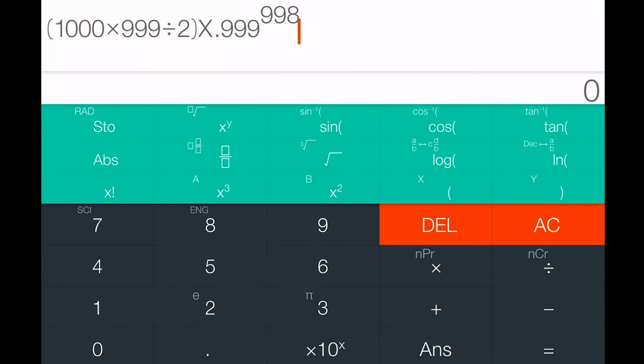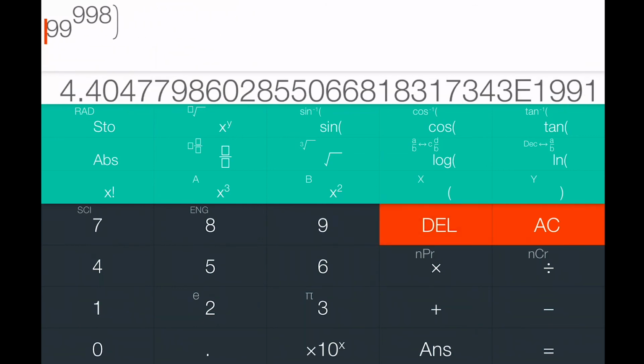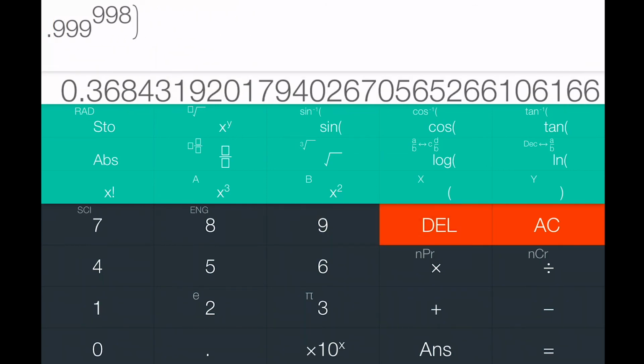Let us see how much this gives us. Okay, as I said, that will be 0.368.